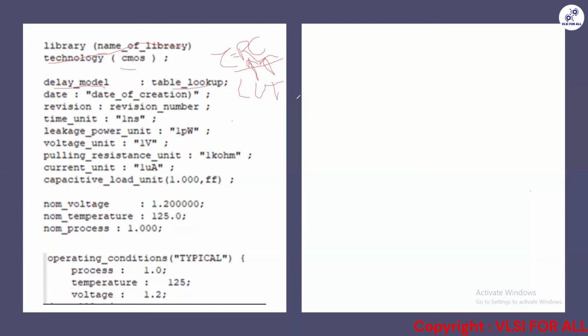Now this table depends upon two parameters. For example, here I am going to give my R values, and here I am going to give my C values. So let's say 1, 2, 3, 4. Let's say these are my resistance of 1 kilo ohm, 2 kilo ohm, 3 kilo ohm.